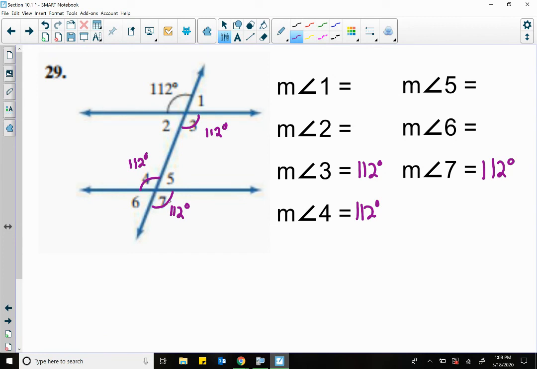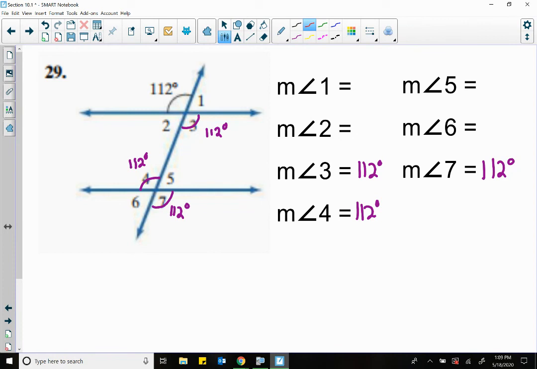You could talk about how 7 and 3 are corresponding, bottom right, bottom right. Or you could talk about how 7 and the original angle are alternate exterior angles, and alternate exterior are congruent. So 3 different reasons why we know that. Notice I'm not even going in order here either. We did 3, 4, and 7.